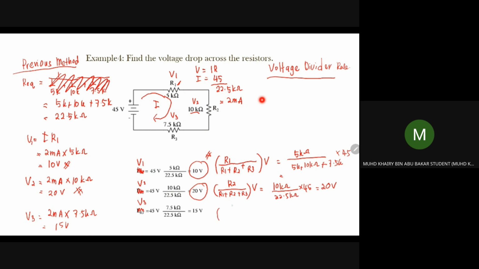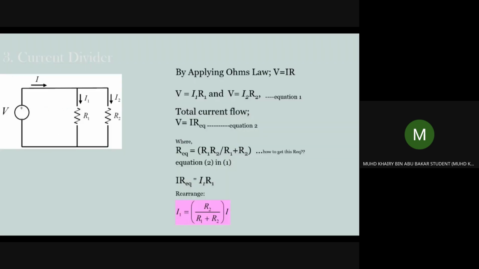Over here, R3 over R1 plus R2 plus R3 times V is equal to 7.5 divided by 22.5 kilo ohm times 45 volt, equals 15 volt. So 10 plus 20 plus 15 will be the same as the 45 volt. Okay, so that's for the voltage divider.